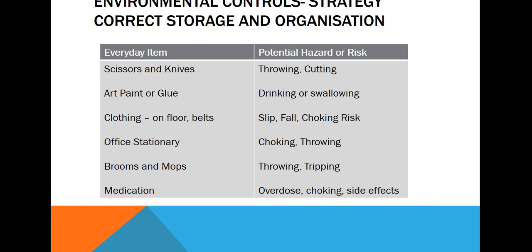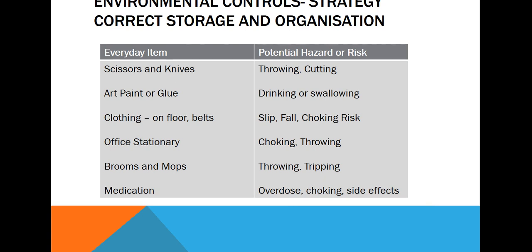Please be aware of where scissors and knives are stored, where they are used, and that they are returned when not in use. Art paint or glue can easily be spilled, ruining desks, carpets and clothing, so you need to be very vigilant about how you use these. Clothing left around on the floor, belts and things like that can be trip hazards.